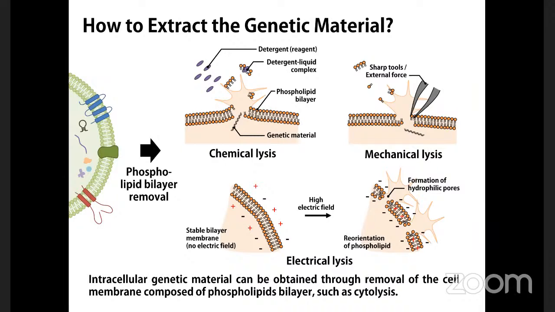Mechanical lysis is a method of bursting the cell membrane by sharp tools or external force. The electrical lysis is the method in which the bilayer is ruptured by exposure to an electric field stronger than the transmembrane potential, and the genetic material is subsequently released.